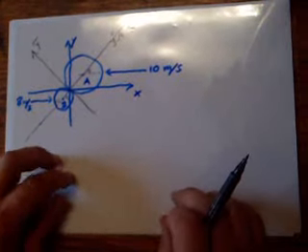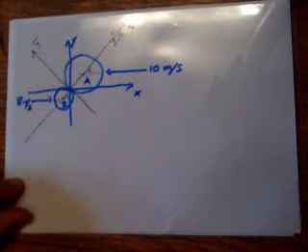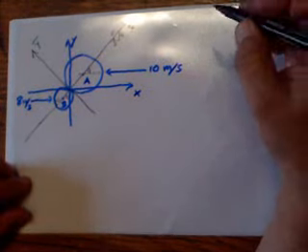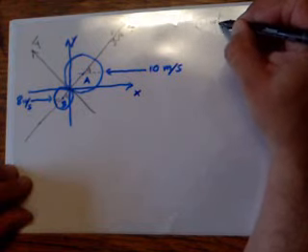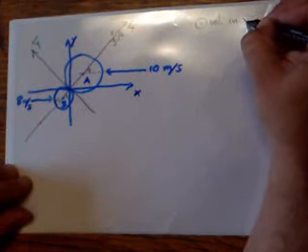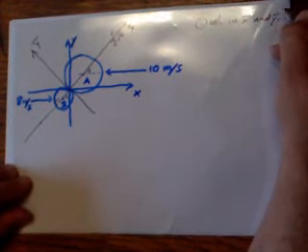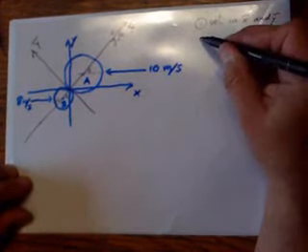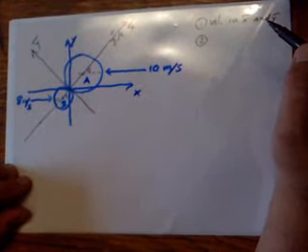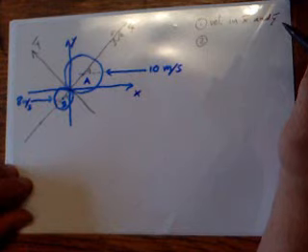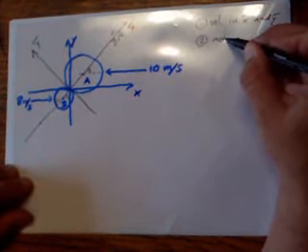Now our strategy is that first we're going to express our velocities in the x bar y bar system. Then the second thing that we're going to do, in order to be able to calculate the final velocities, is to use momentum conservation.